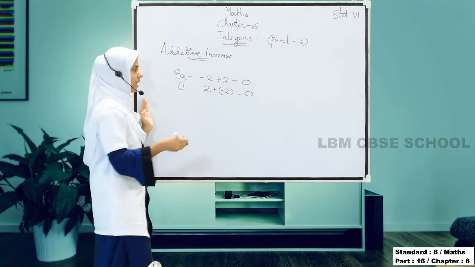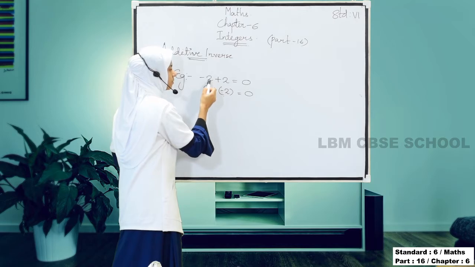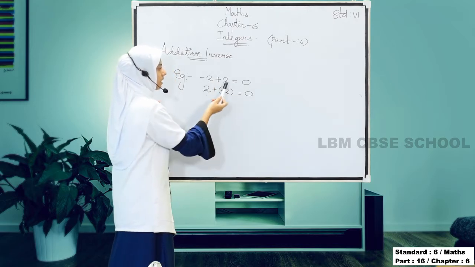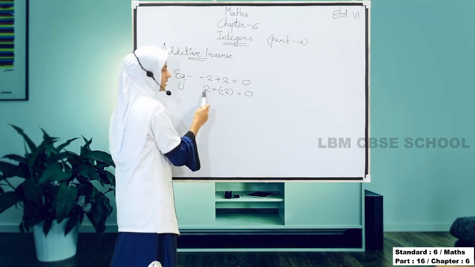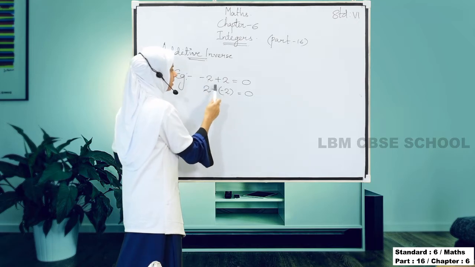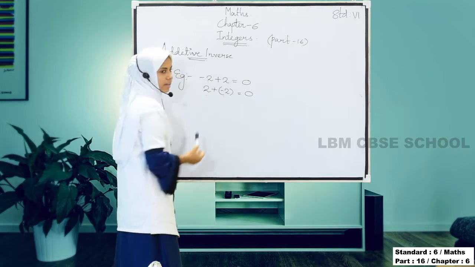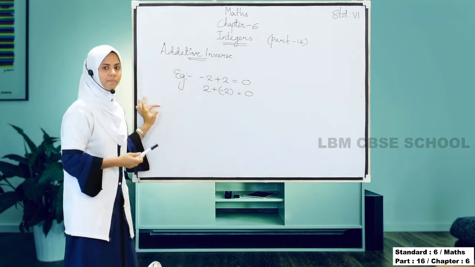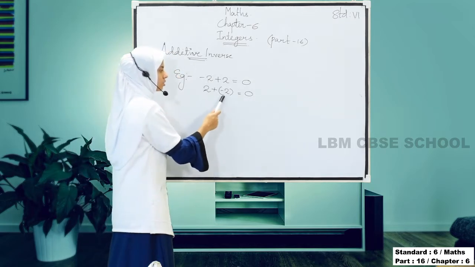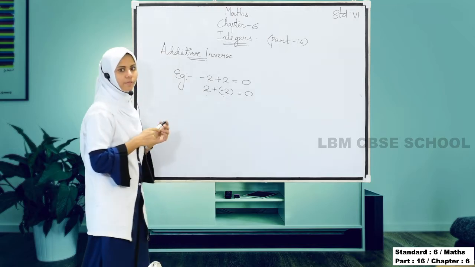Then we can say that 2 is the additive inverse of -2. When we take +2 first and add -2 with this 2, we also get the sum 0. Then -2 is the additive inverse of 2.